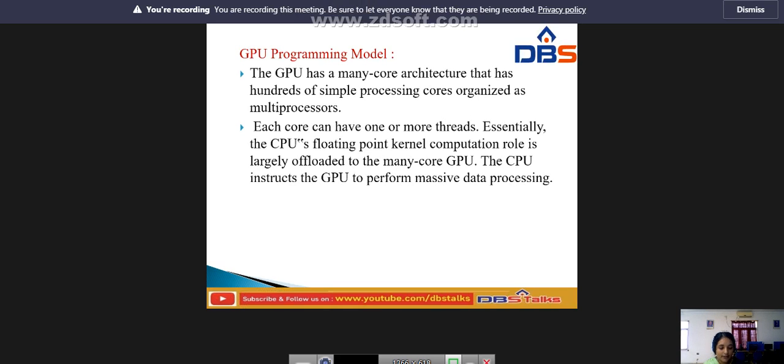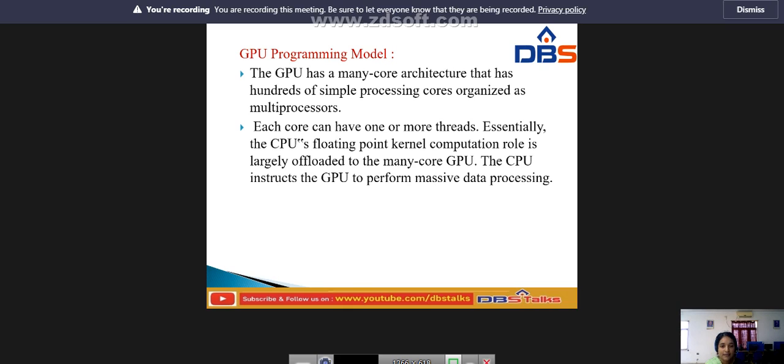Next, coming to the GPU programming model. There is an interaction between the CPU and GPU in performing parallel execution of floating point operations at the same time. The CPU is a conventional core processor with limited parallelism. The GPU has a many-core architecture with hundreds of simple processor cores organized as multiprocessors.